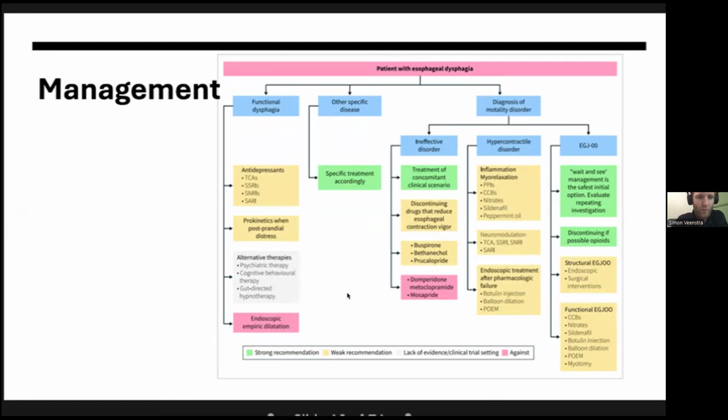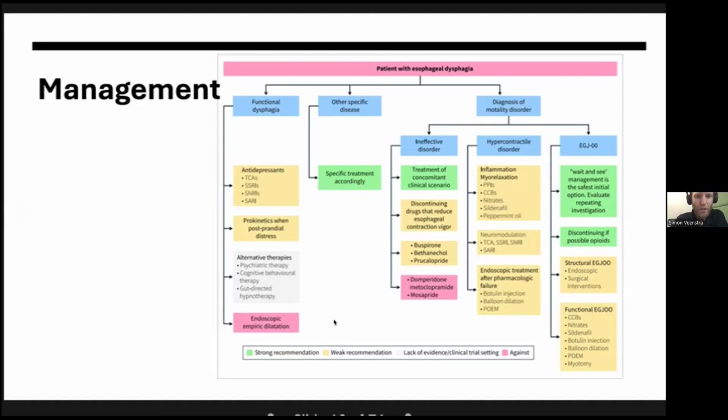There's some evidence for alternative therapies, psychological therapies like cognitive behavioral therapy, and breathing exercises, etc. But that would broadly cover the functional dysphagias.